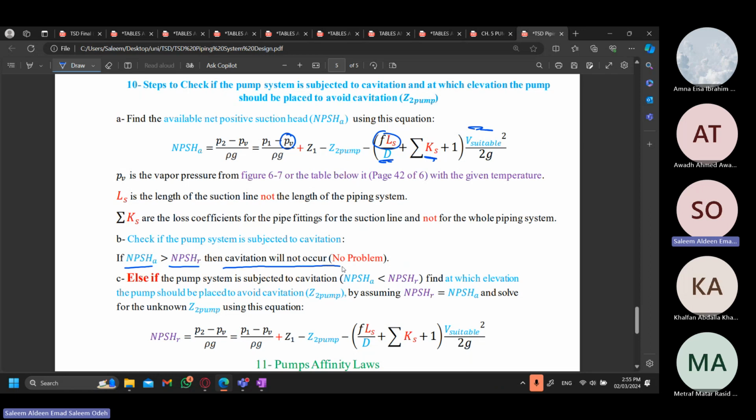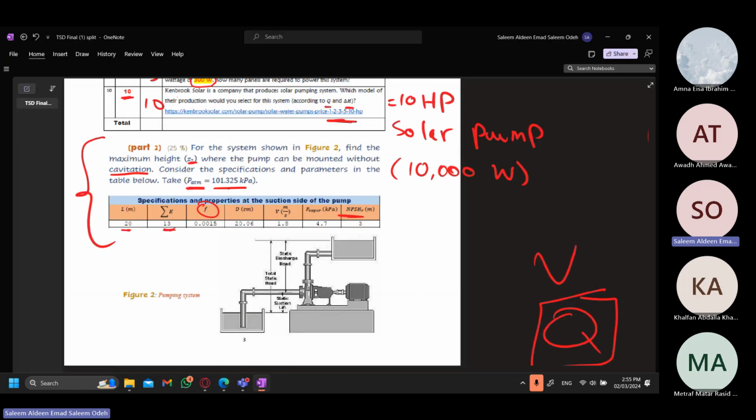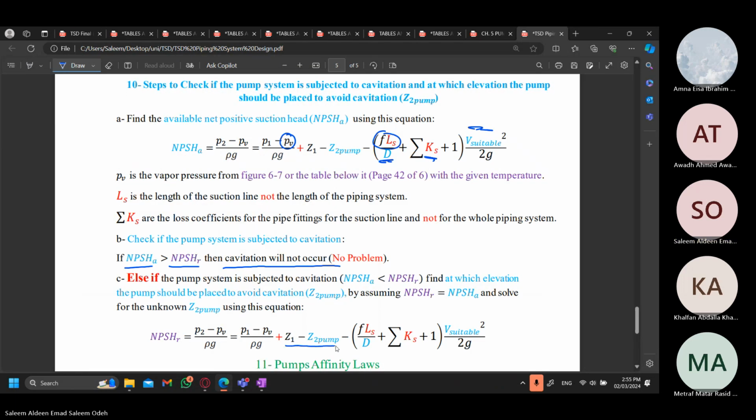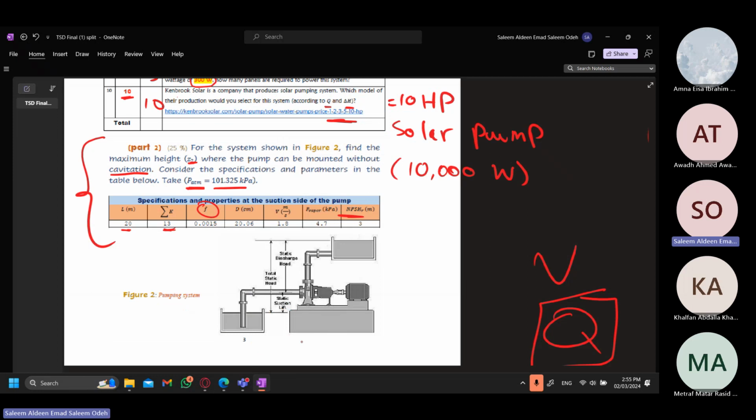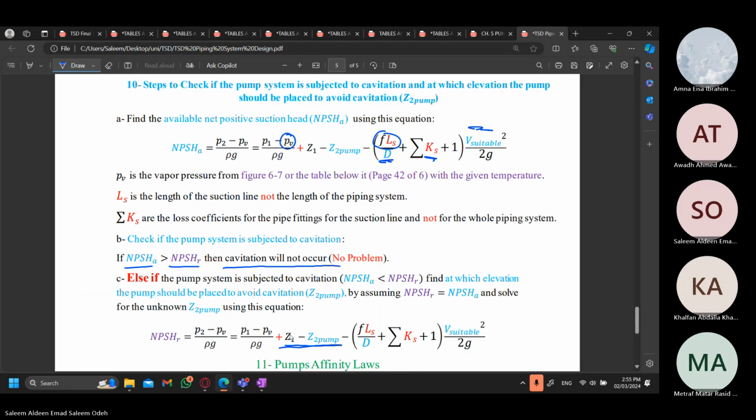So you will need both of them. But in this question, they told you to find the delta Z, which is this part here. Since they didn't give us the value for Z1, we are to assume that Z1 equals 0. And so all we need to find is Z2.